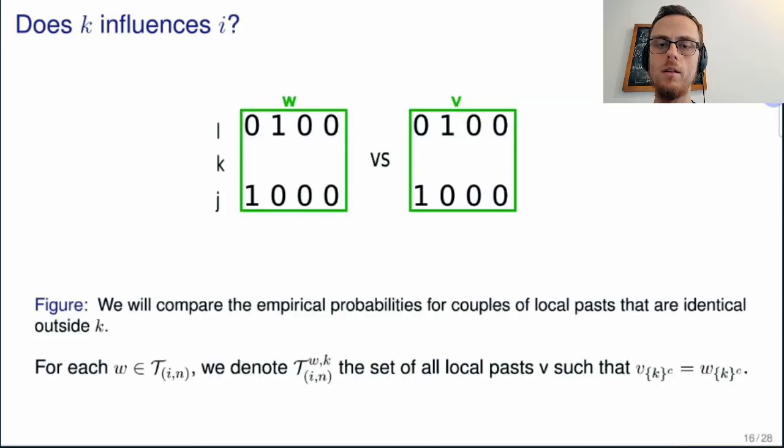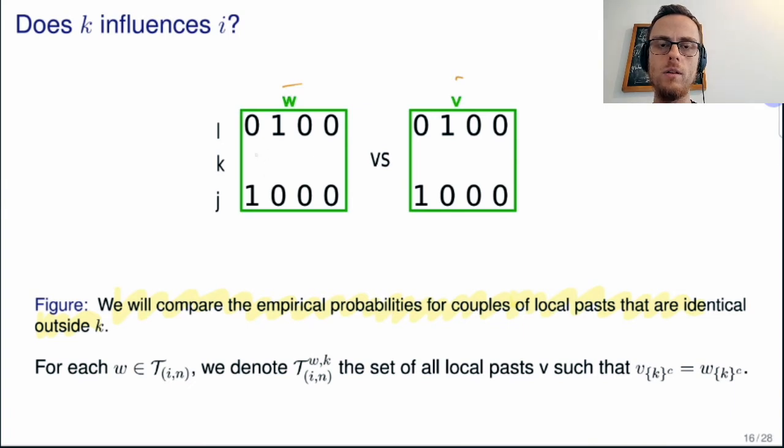And as we will see in a moment, in order to check whether the neuron k is or not in the interaction neighborhood of i, we will compare the empirical probabilities for couples of pasts that are identical outside k. Here on the screen, we have an example of a pair w and v which are identical outside k, because if I look at the row corresponding to the neuron l, they have the same configuration, but in the row k, we don't say anything.